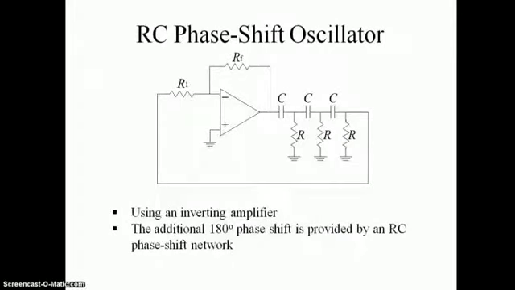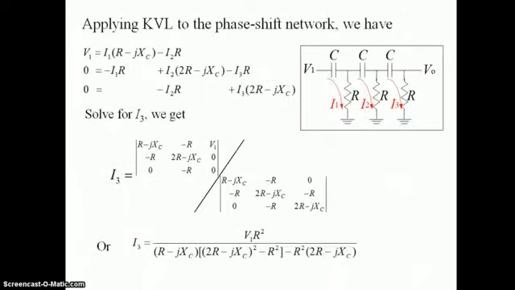Similarly, the RC phase shift oscillator consists of R and C sections in the feedback path and uses an inverting amplifier mode. The additional 180-degree phase shift is provided by the amplifier and the other 180-degree phase shift is provided by the feedback path. So the total phase shift around the loop is 0 degrees or 360 degrees, which satisfies the Barkhausen criterion. Here we apply KVL at the output port, in the feedback part.